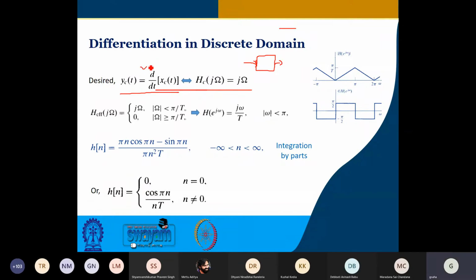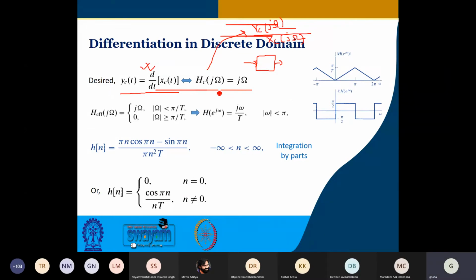If you are doing differentiation in the time domain, the corresponding frequency domain representation is this Fourier transform, where H_c(j omega) is Y_c(j omega) by X_c(j omega). How is it happening? Can somebody tell me?